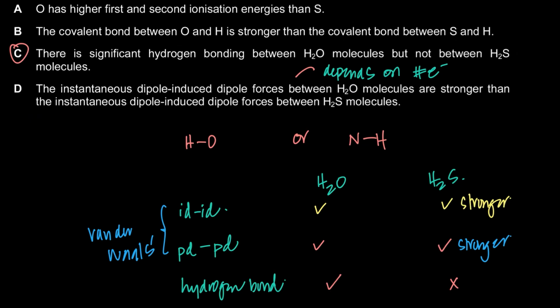And you know why? Because S has 16 electrons, while O has only 8. So this molecule has 18 electrons, this has 10. More electrons, stronger induced dipoles, stronger permanent dipoles. But in water, there is hydrogen bonding, and just because of that, it has a significantly higher boiling point.